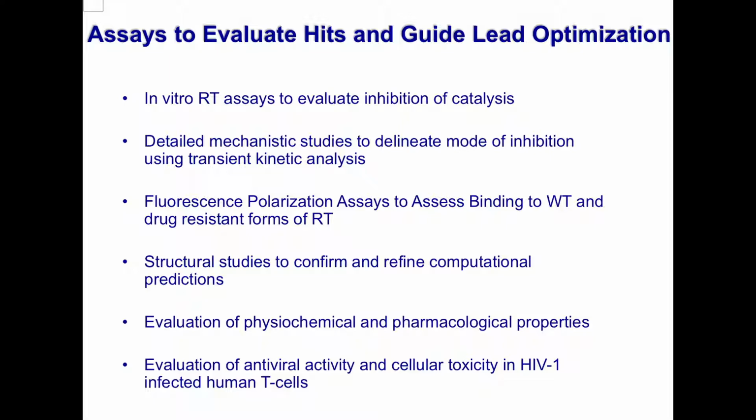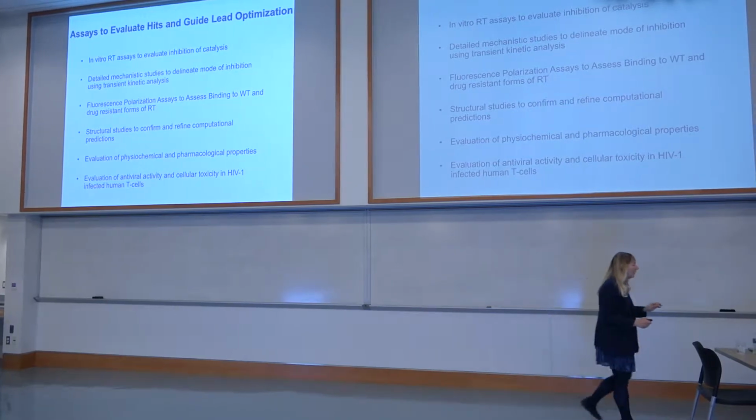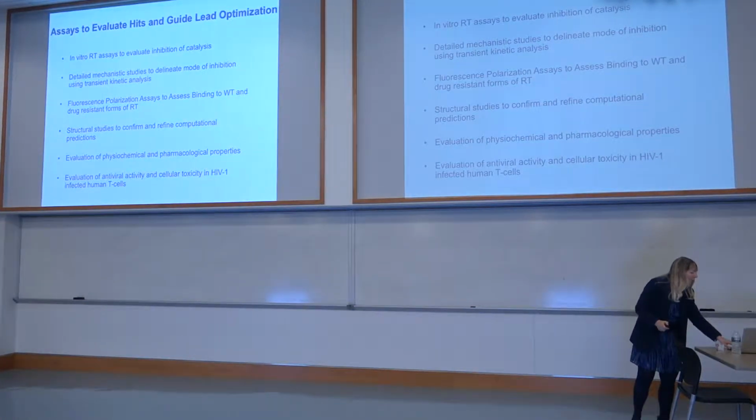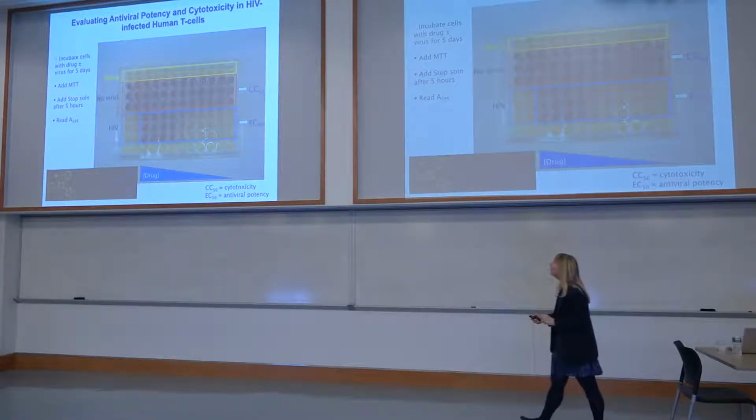And finally, the highest bar here is the ability of these compounds to have antiviral activity in human HIV-infected cells. So that's the biggest bar. And our assay is illustrated here.